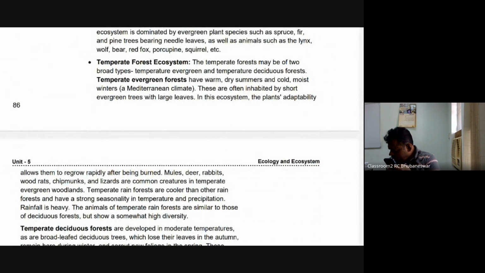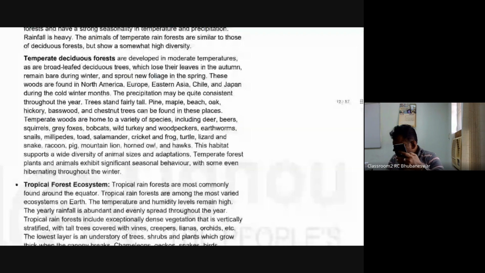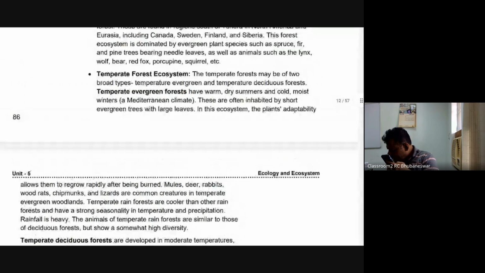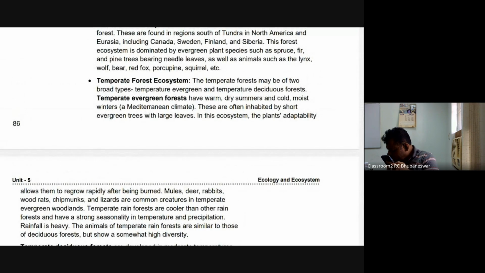Then your temperate forest ecosystems. This can be divided into two types: temperate evergreen forest and temperate deciduous forest. Although within tropical forests also you will be seeing evergreen and deciduous forests, so do the temperate forests have those kinds of forests.